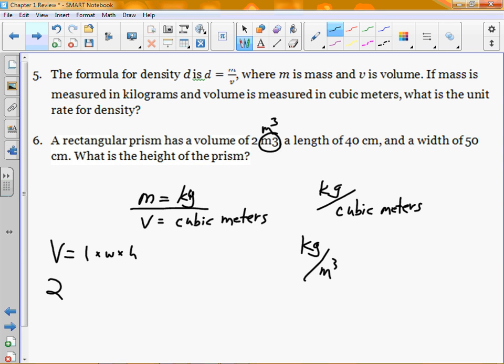The length is 40 centimeters. Well, this is a great question. The width is 50 meters. And height.